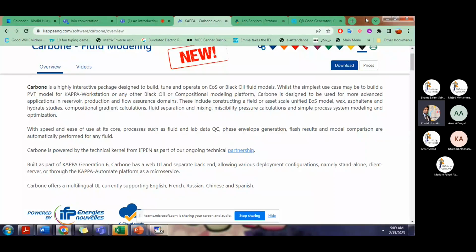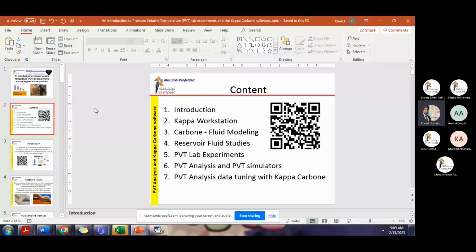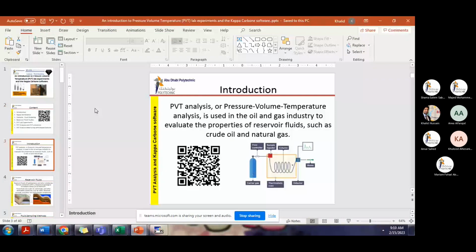If we go to the next page of the presentation, you can scan this code. You will go to the website called Startum.